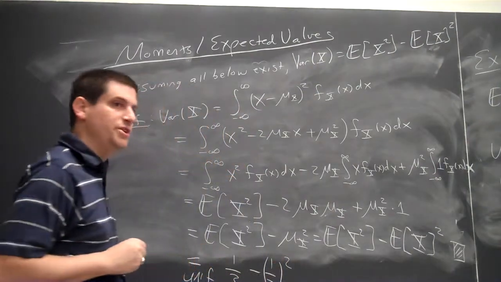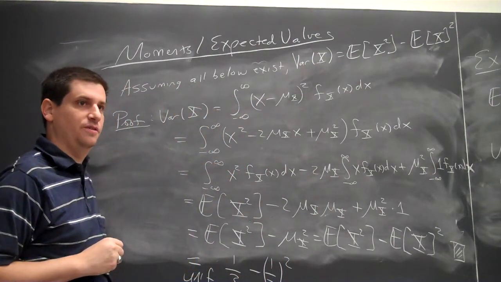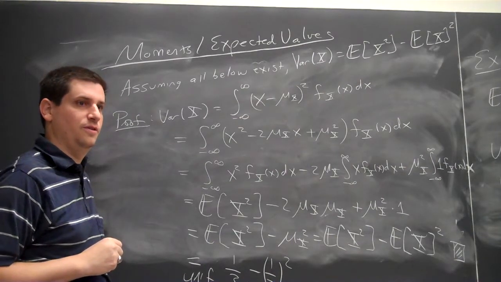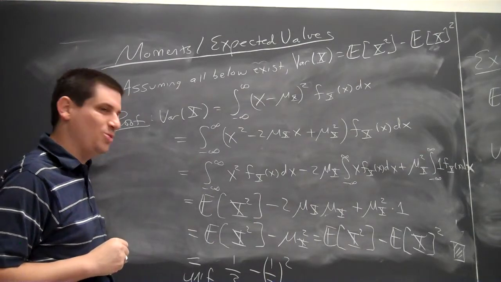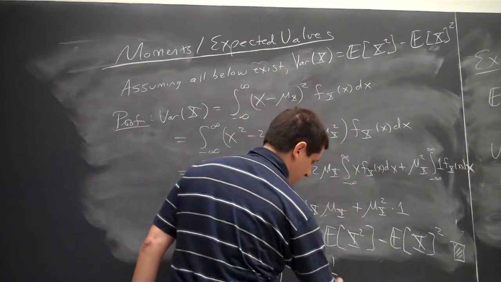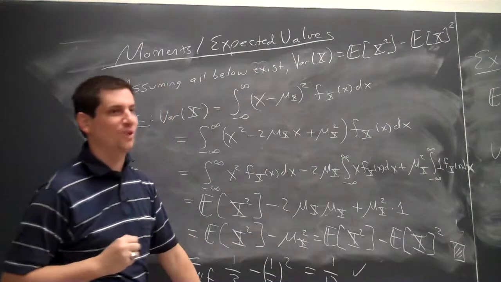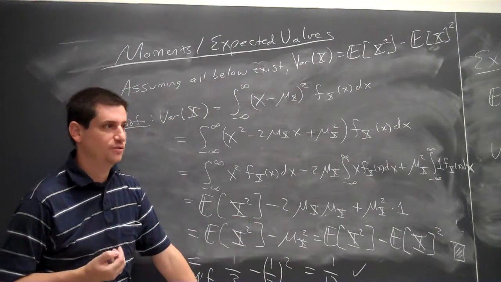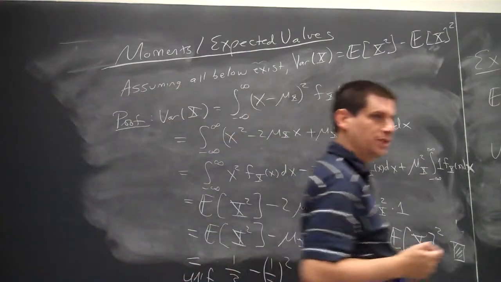So what's 1/3 minus 1/4? I get 4/12 minus 3/12 is 1/12, right? Which agrees with what we had before. Okay, so it's always nice if you can check a formula to check the formula. Okay?